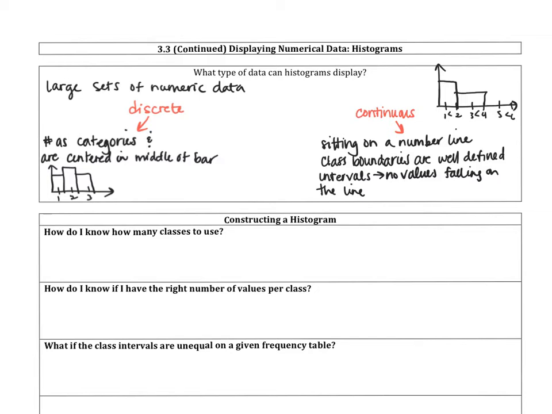So those lines fall on the class boundary, and the boundary is well defined so that we know which direction each value falls. We'll get into that in a little bit.